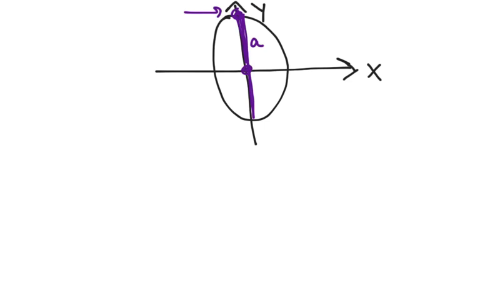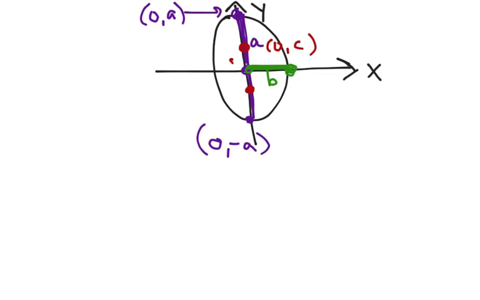So the vertices must be at 0 comma A and 0 comma negative A. B is now this length on the minor axis, and the foci, I said, always lie on the major axis. So this time, if the foci are c units away from the center, we're going to say that they are at 0 comma c and 0 comma negative c.